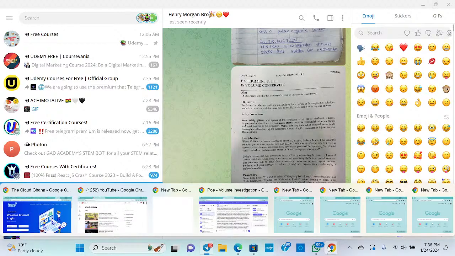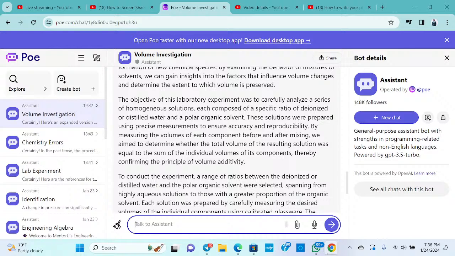Yes, for the procedure, you can use ChatGPT to write it. What you need to do is come and write, can you help me write the procedure below in past tense speech?